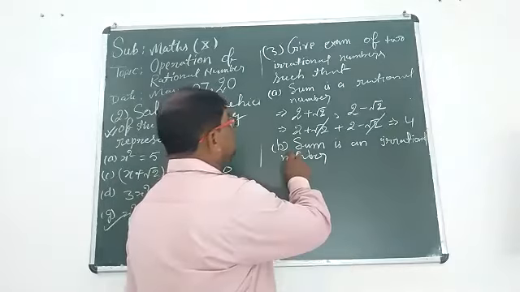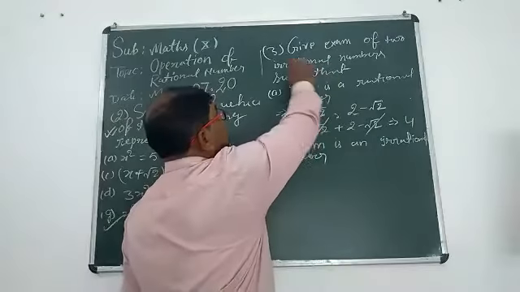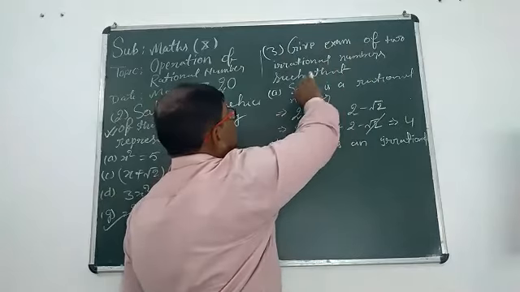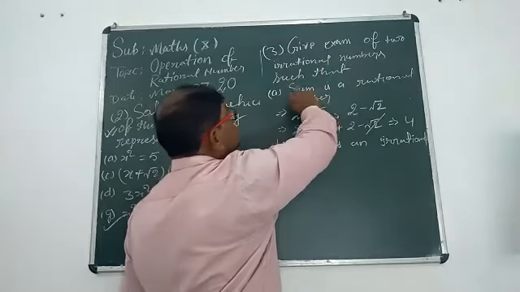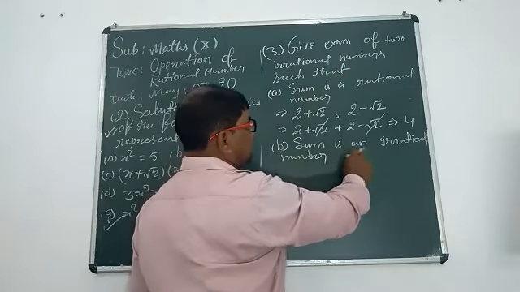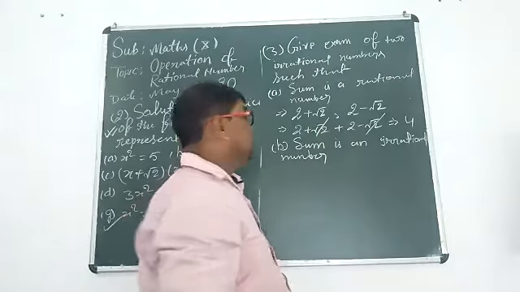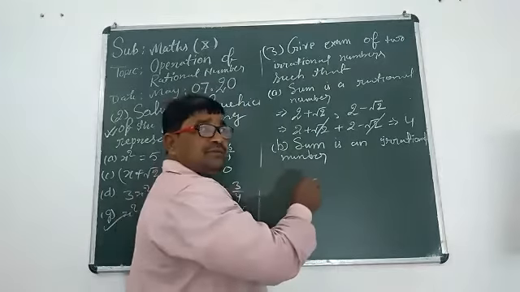Do you know the meaning of this question? We should read the question from here. Give an example of two irrational numbers such that the sum is an irrational number. Now, how can you give an example?